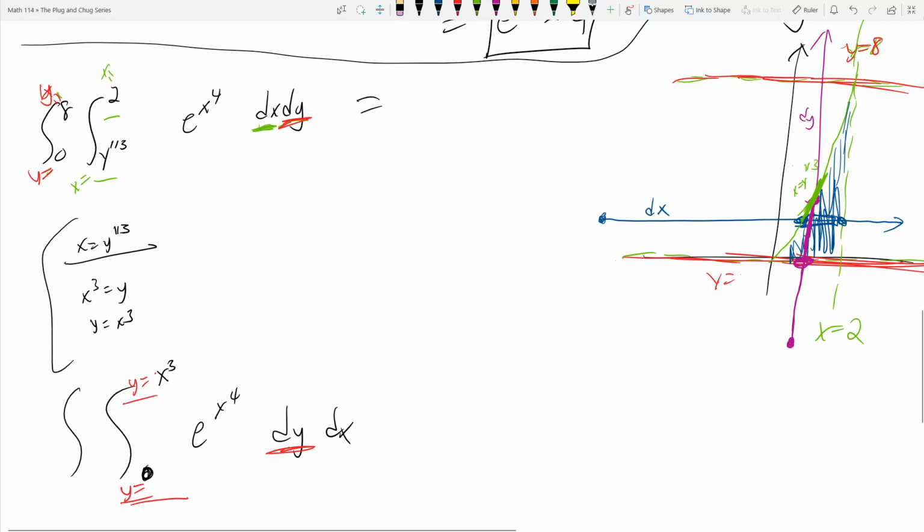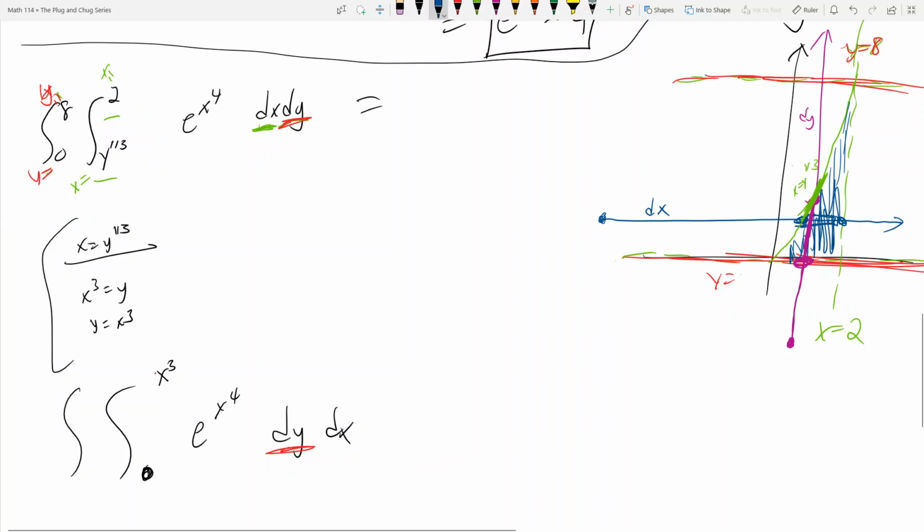And now if we drop all this extraneous y is equal to stuff, look, those are my bounds, from 0 to x cubed. And this is why I told you to be very careful when you're changing the bounds when you have a function inside of it. Because look what happened. This guy's x cubed. Where do you get an x from in here if you just switch both boundaries?